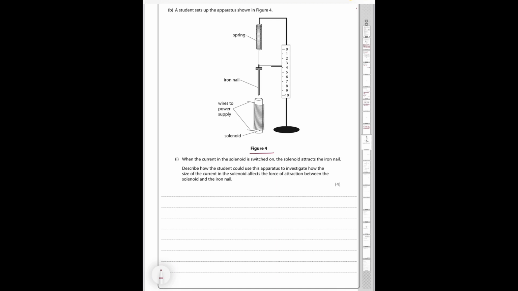They would then look at the position of the pointer again and work out what the extension of the spring was. Then they would repeat this investigation using different currents, work out what the different extensions were with the different currents, and be able to do a comparison.